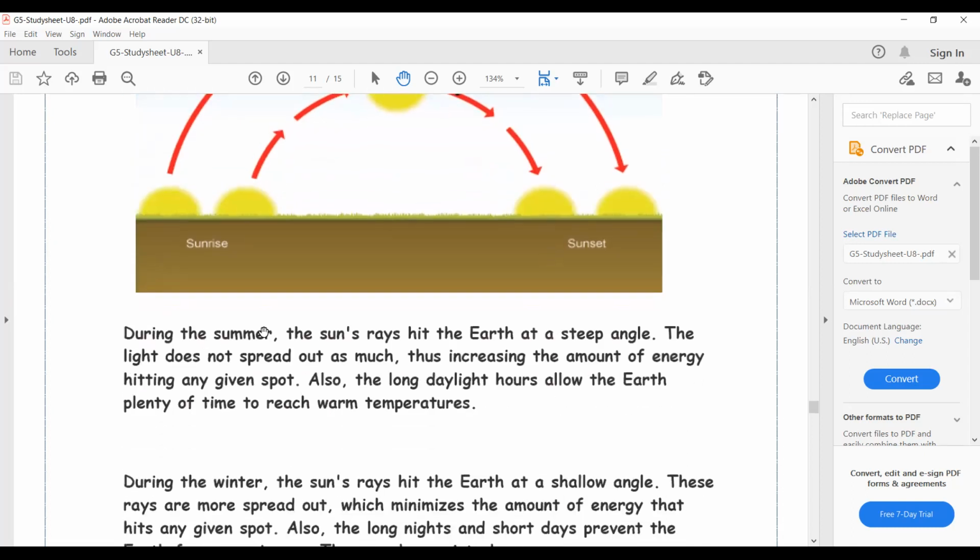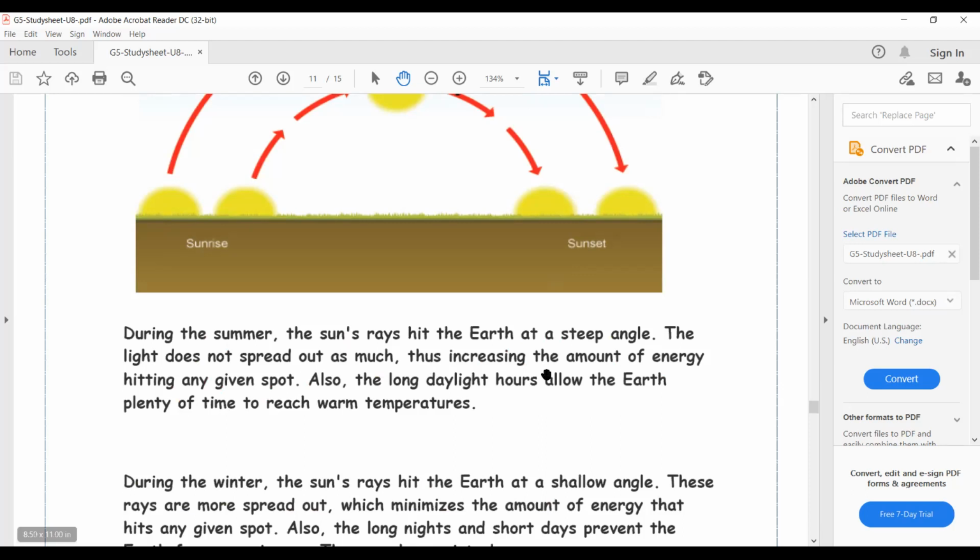During the summer, the sun's rays hit the earth at a steep angle. The light does not spread out as much, thus increasing the amount of energy hitting any given spot. Also, the long daylight hours allow the Earth plenty of time to reach warm temperatures.